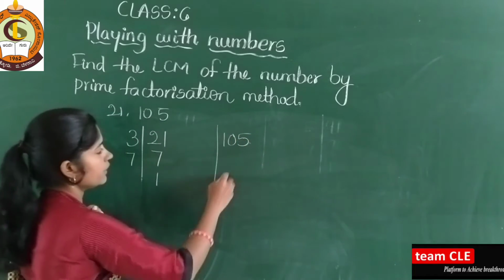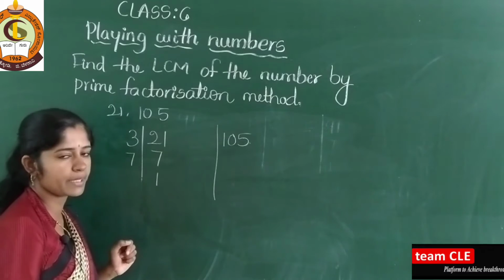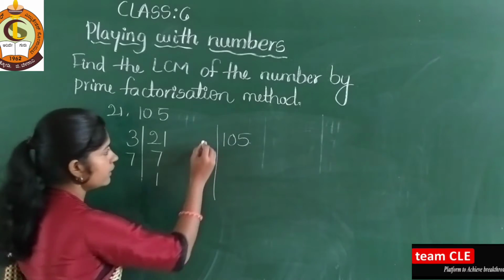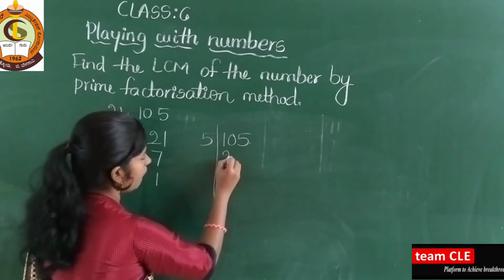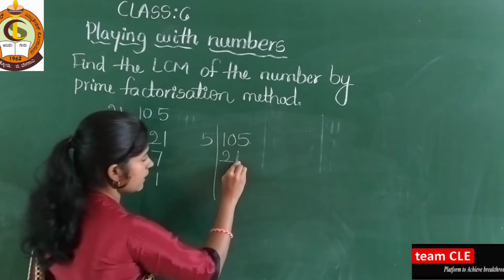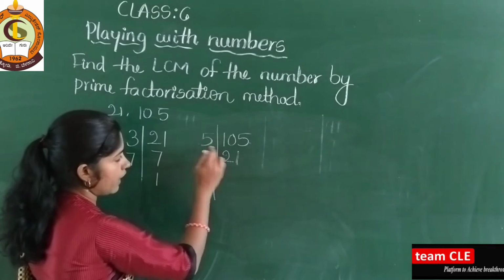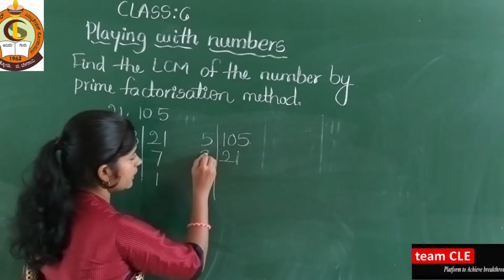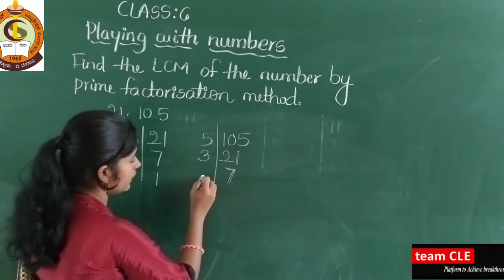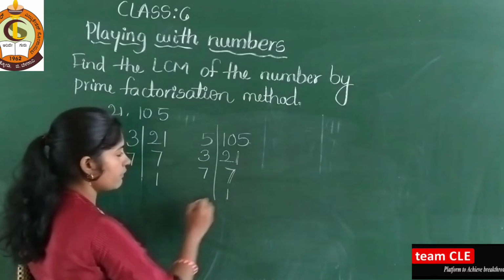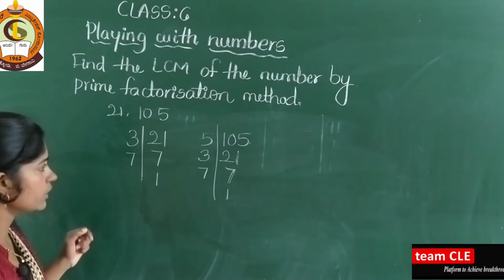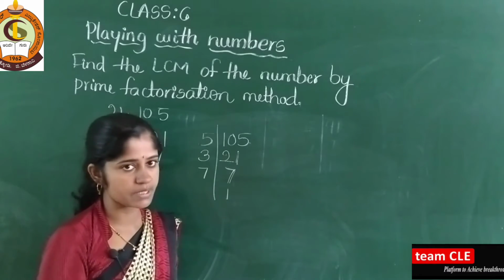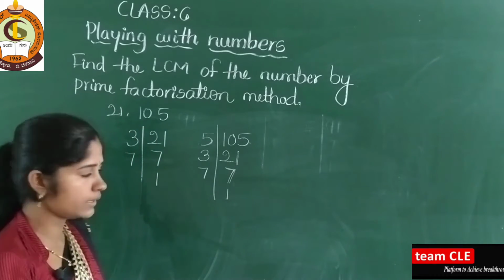See here, if 5 is in the ones place, that number is divisible by 5. So 5 twos are 10, 5 ones are 5. Next you take 3, 3 sevens are 21, again 7 ones are 7. You need to know tables compulsorily, so please keep practicing tables.